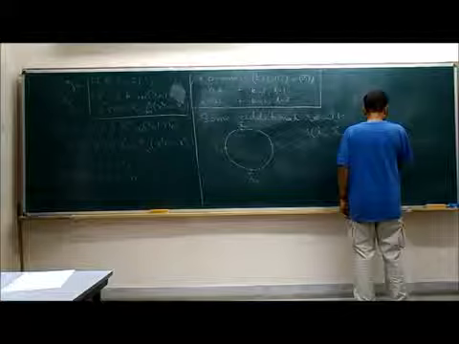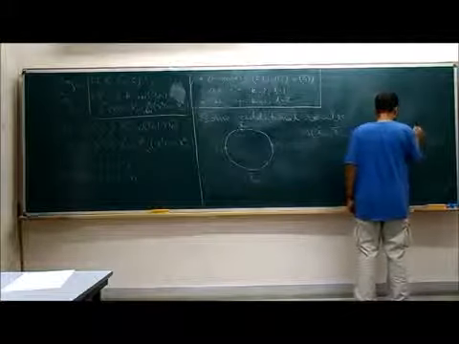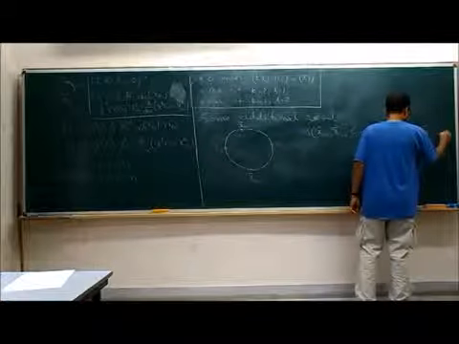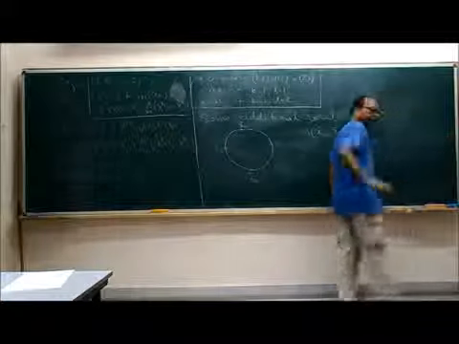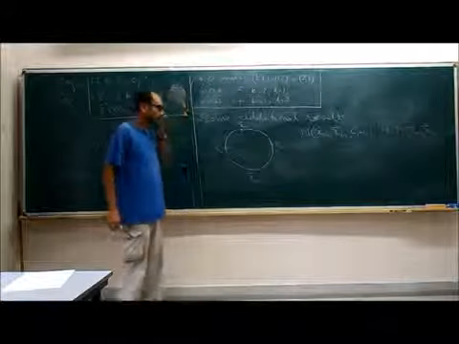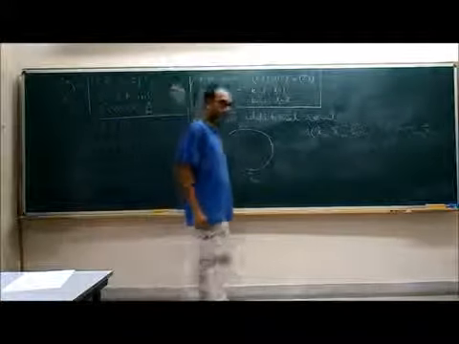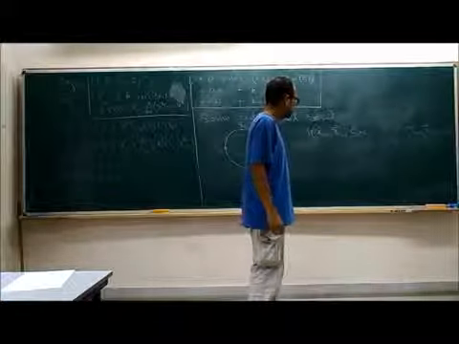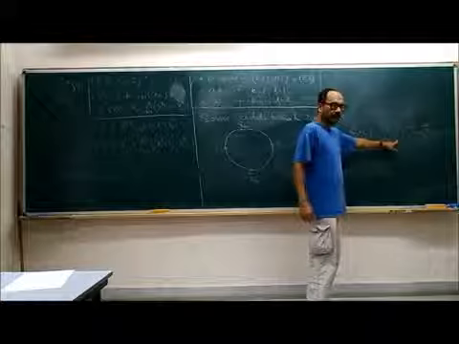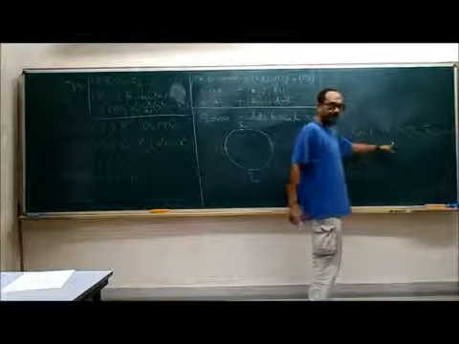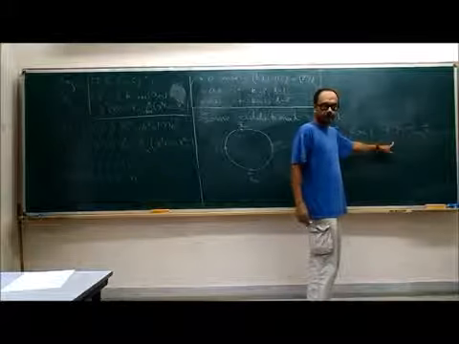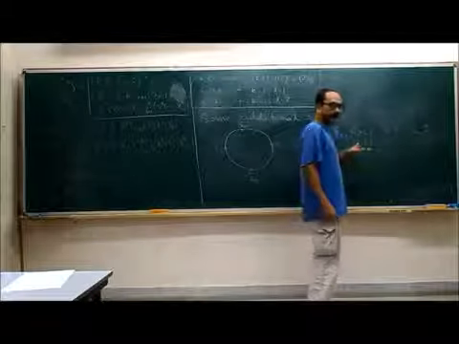Versus M_x2 x2, along C2 plus C1. We want to compare this. The question is, what is the relationship between these two? Are these the same, or are they related in any way? That's the question you have to ask. Is this clear?